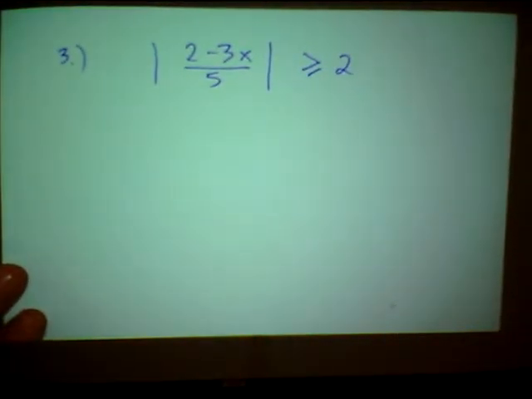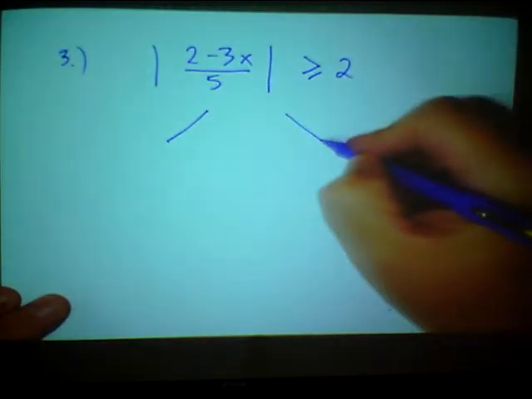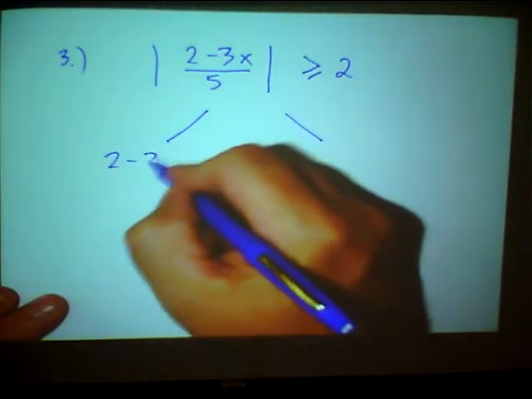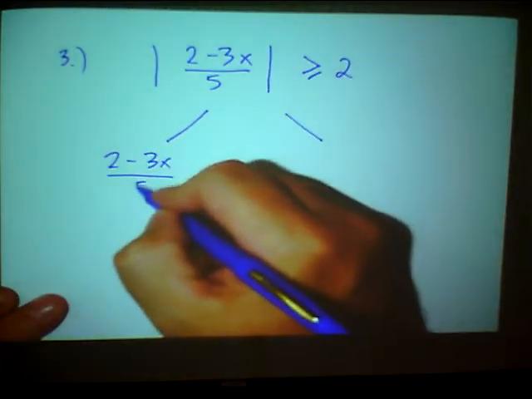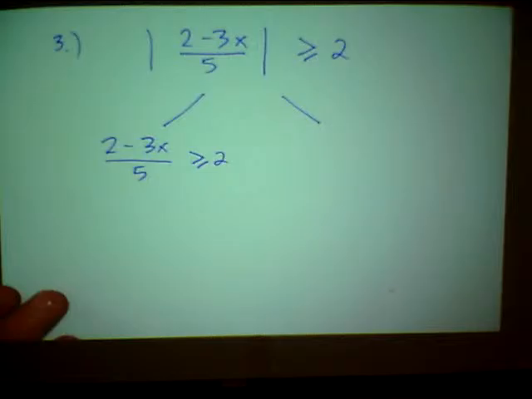All right, the first step is get the absolute value by itself. Well, it's already by itself. Second step is check the number. The number's positive, so I'll break it up into 2 problems. The left-hand side, I simply drop the absolute value signs and solve this.